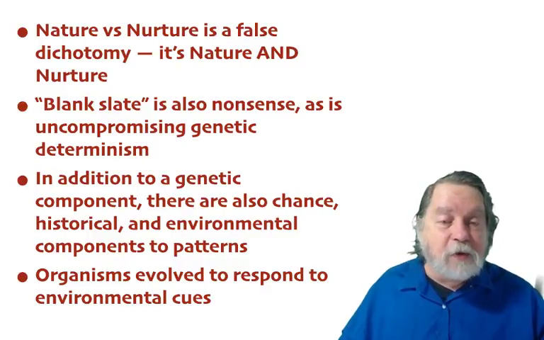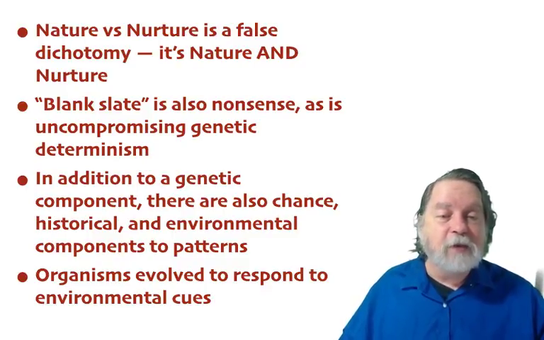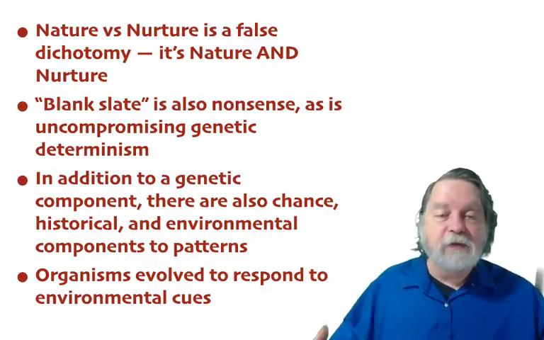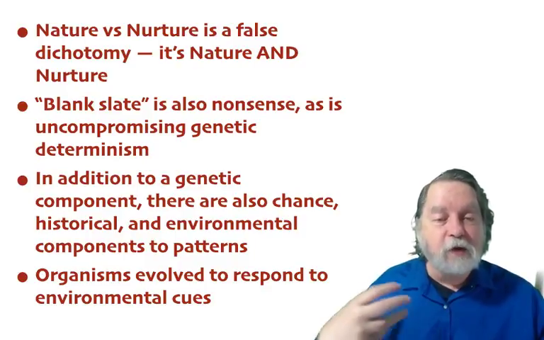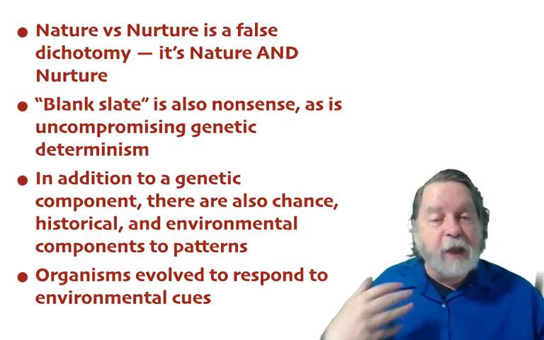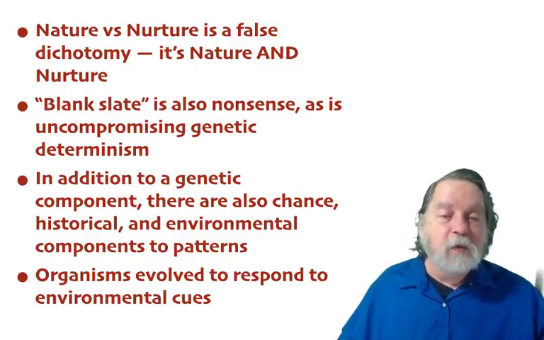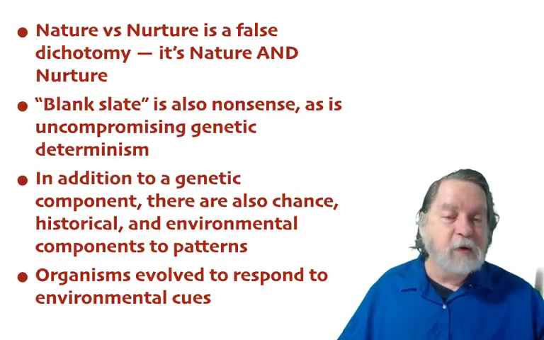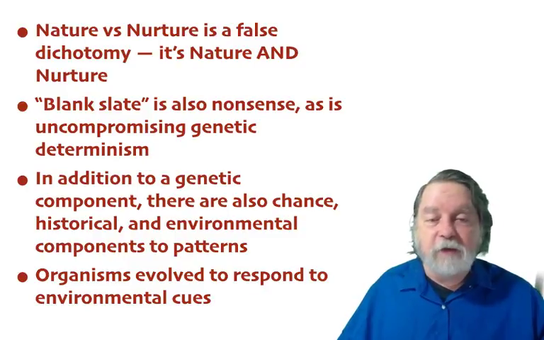There are historical components, and when I say historical, I mean both in an ontological sense, that during development, the descendants of a cell are inheriting properties that they acquired from their mother cells. There's also an evolutionary historical component, where how we develop, how we act, is affected by the changes that have occurred over evolutionary time. And there's also an important environmental component, as we just saw that in many systems, environmental influences are extremely important.